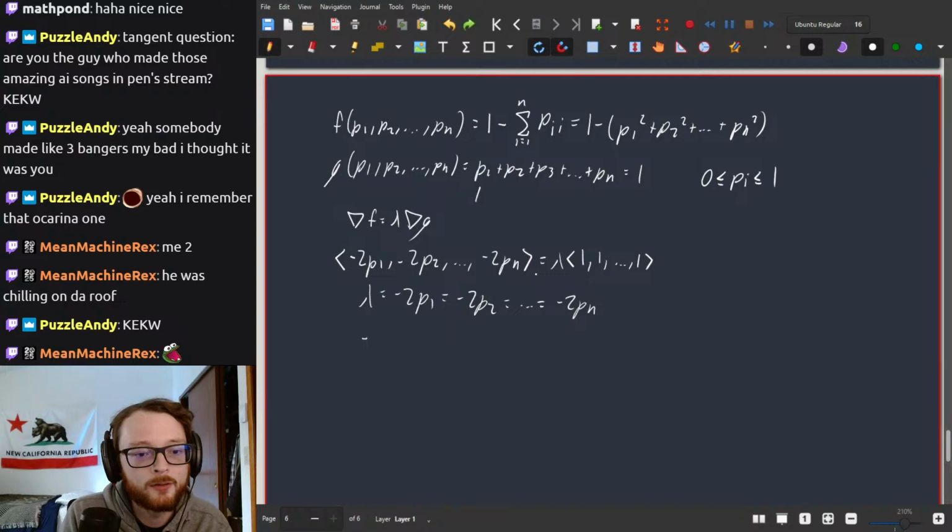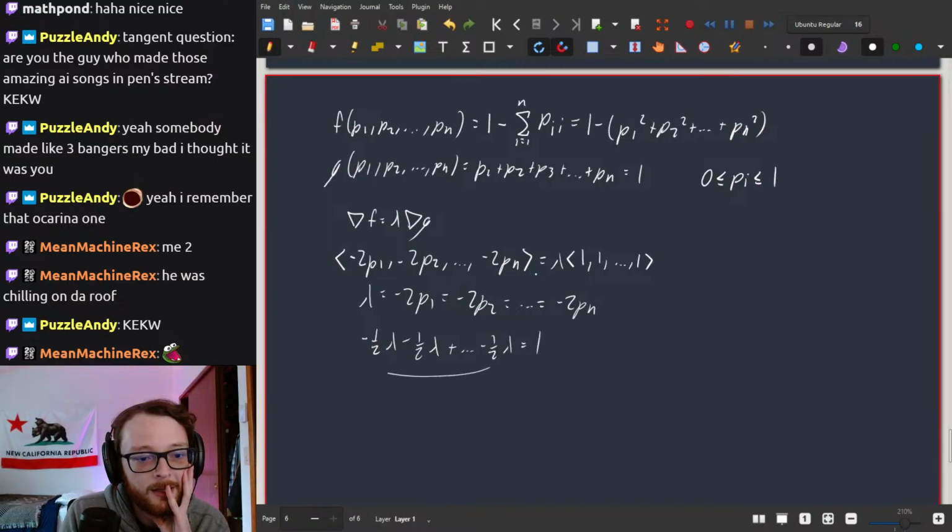This p1 is minus 1/2 lambda. That p2 is minus 1/2 lambda. Minus 1/2 lambda equals 1. We know there's n many of these things, so minus n over 2 lambda. This is bad. Well, it might be good. Lambda is minus 2 over n.